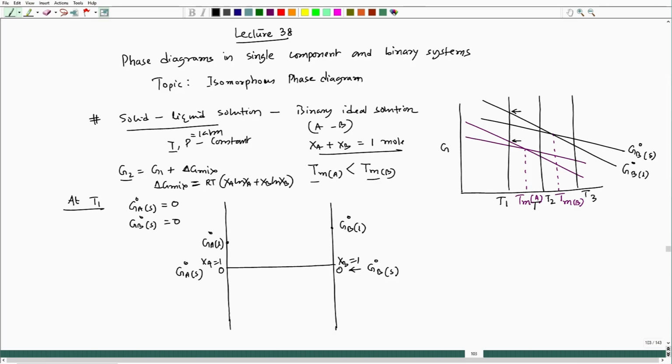If I take T1 to be fixed, pressure is already 1 atmosphere. If I try to draw the delta G mix, so let us say this is my delta G mix. That is same for both solid solution and liquid solutions. And this is my G1 line, let me draw it with a dotted one.